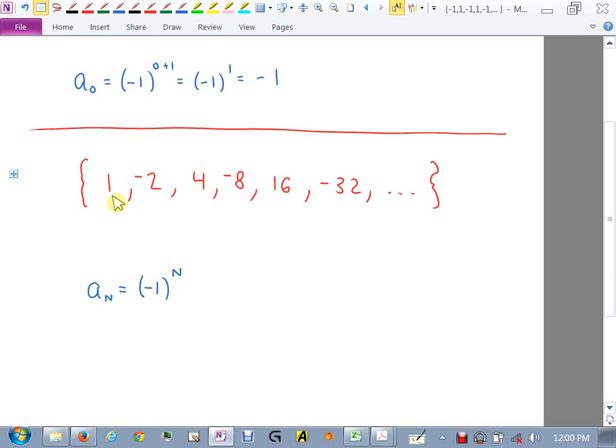Positive, right? Don't forget the numbers here, just the signs. I need it to be positive. If I plug 0 into this, am I going to get positive? -1 to the 0 is 1, so that'll be positive. Yes? That takes care of the alternating signs. Now, tell me how you generate that list of numbers. 1, 2, 4, 8, 16, 32. Are those squares?